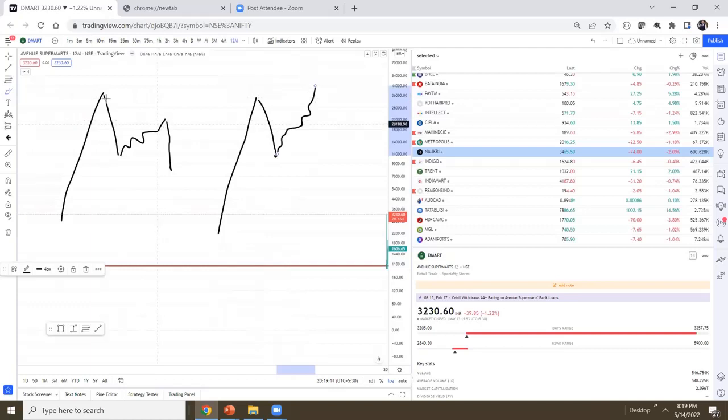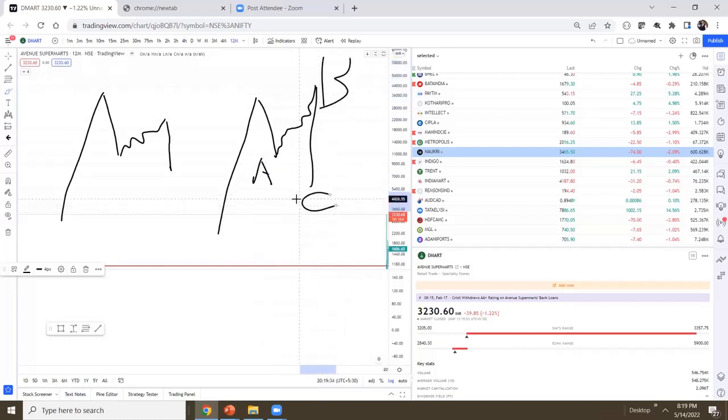In a regular flat, it stops here, but in an expanded or irregular flat, it goes above this, and then it breaks this also. It goes above this point also, and this is A, this is B, this is C. Understood?